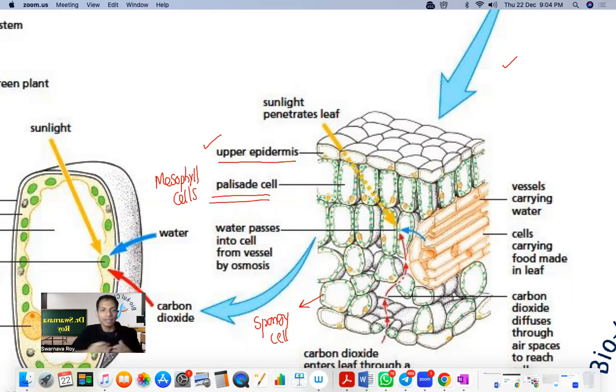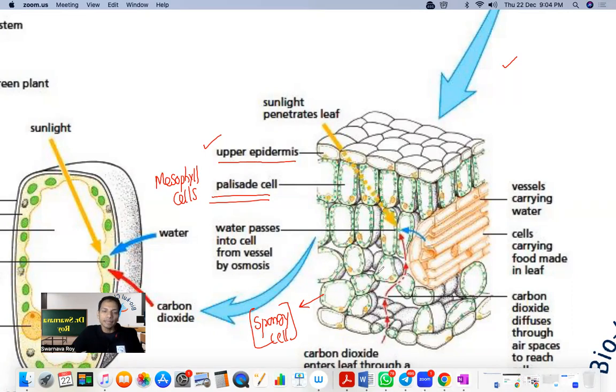and parenchyma is present everywhere in the plants. So palisade is a type of parenchyma. Spongy is also a type of parenchyma, and parenchyma has this characteristic: there is a lot of intercellular space. That is the special characteristic of parenchyma tissue.